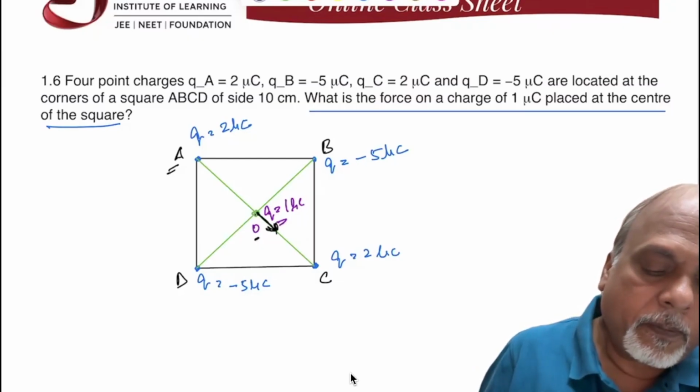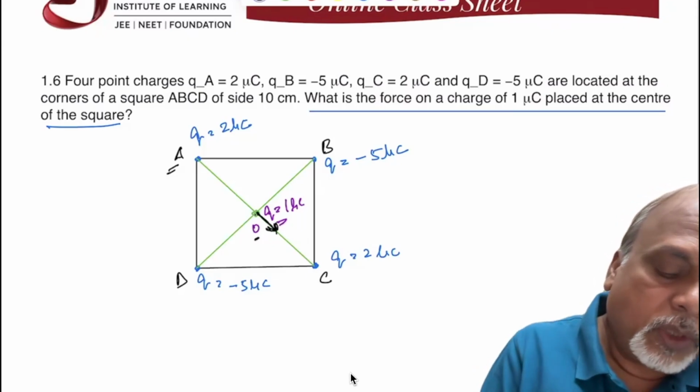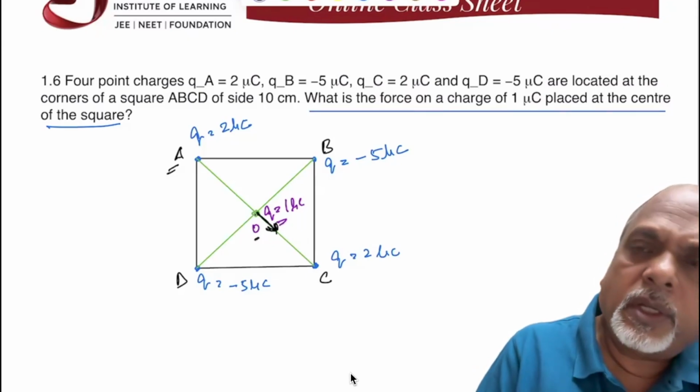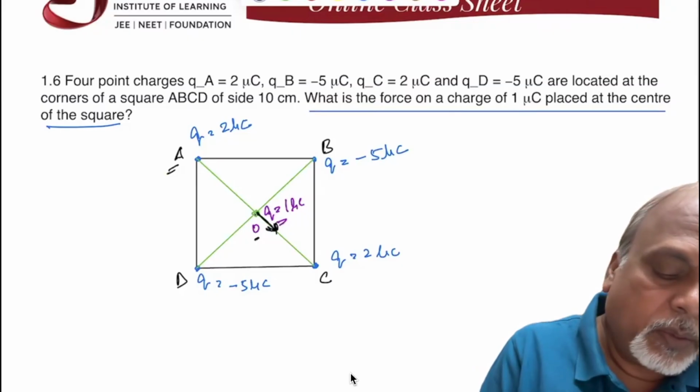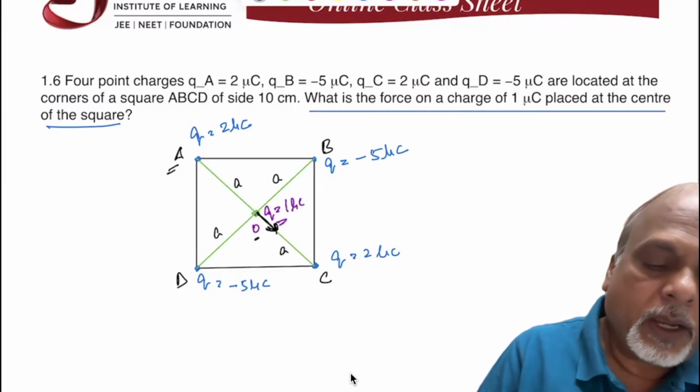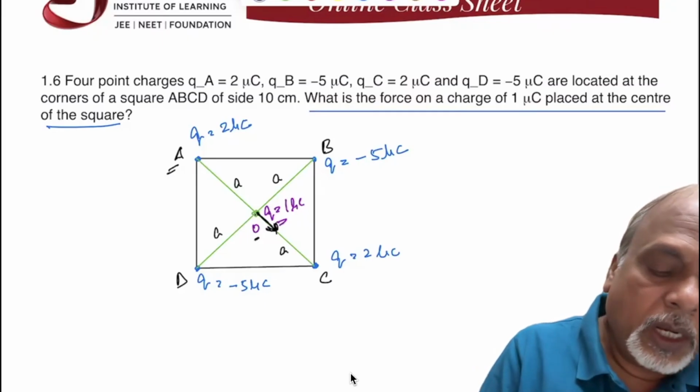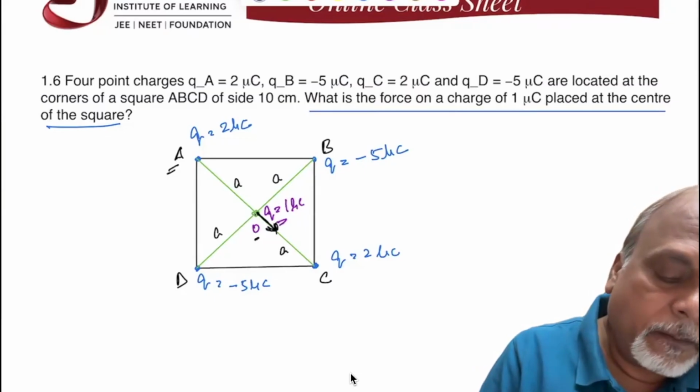Due to B, the -5 microcoulomb charge will attract it like this.